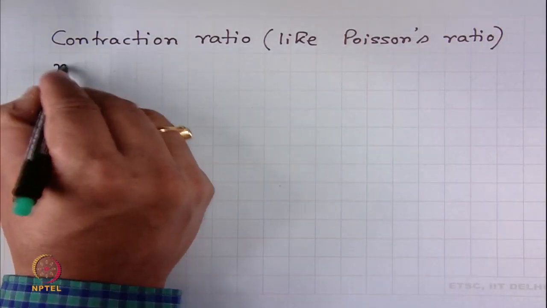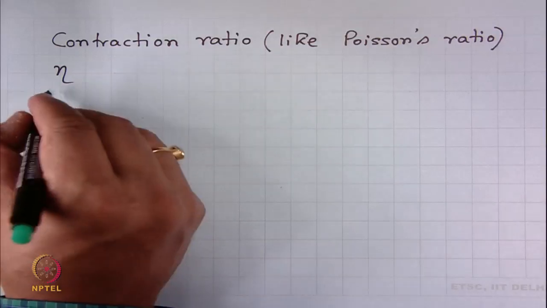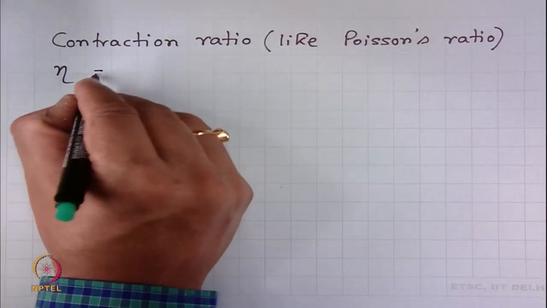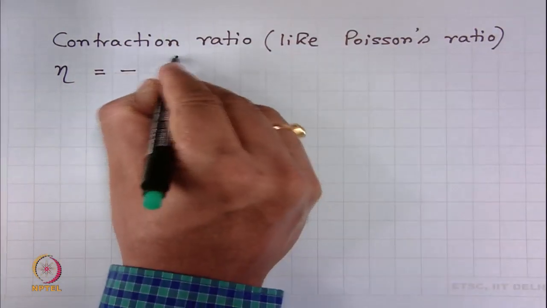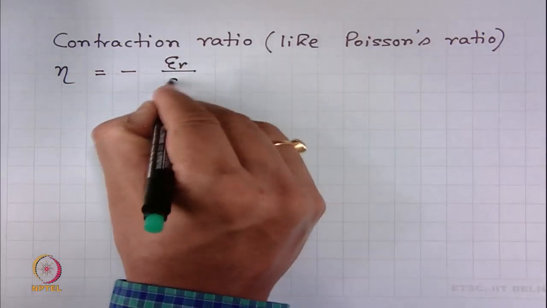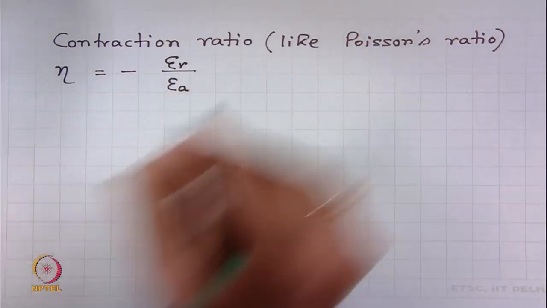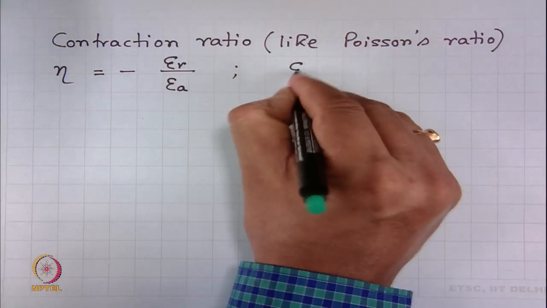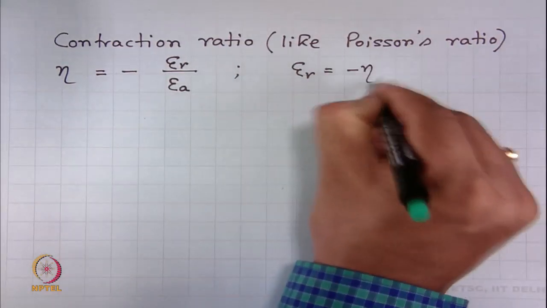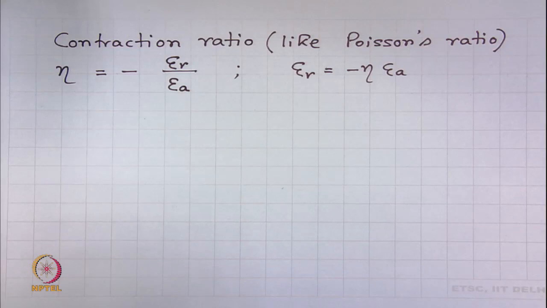We use the symbol eta for that, which is equal to minus radial strain by axial strain. This gives you epsilon r equal to minus eta times epsilon a. The last quantity is fiber strain.